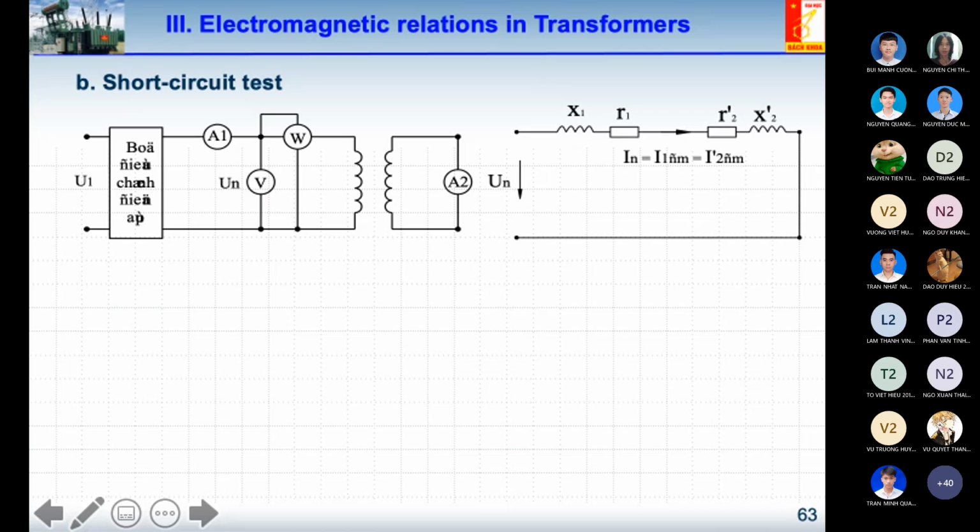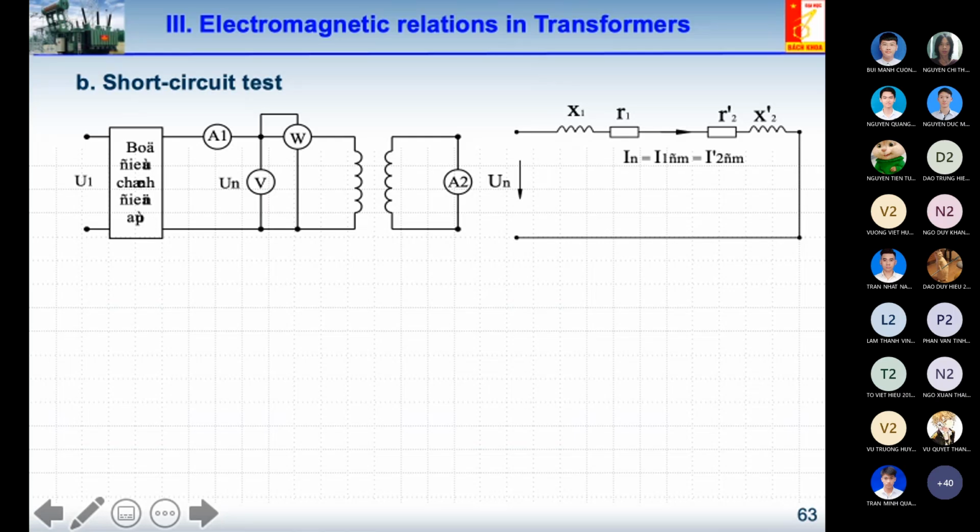You can see we have to increase, and simultaneously we have to look at the values of the current here. So we start increasing the voltage from 0 to, for example, 20 volt, and then we look at the current value.